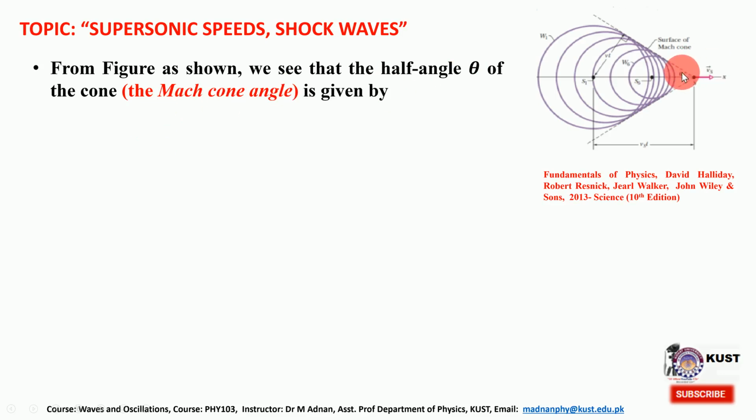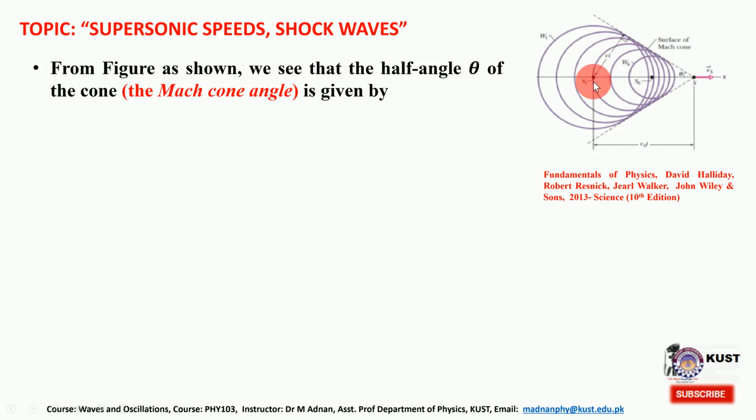So with this angle theta, we have a triangle. We have this side, this side, and this side. This is the radius side, and this one is the distance between two successive wavefronts.